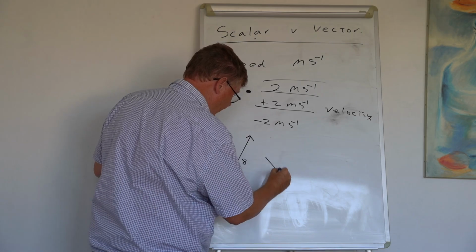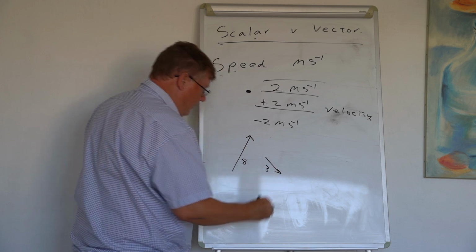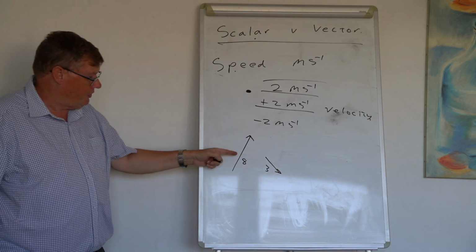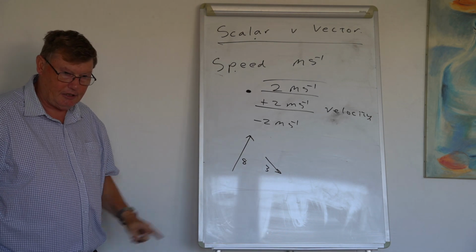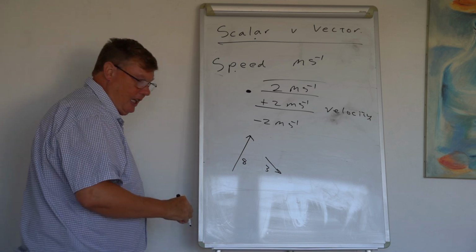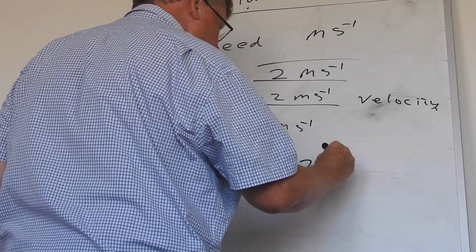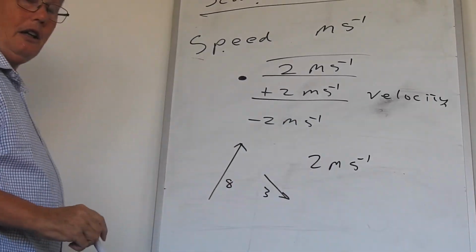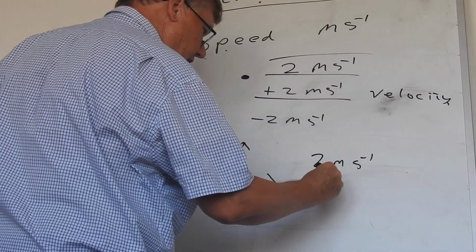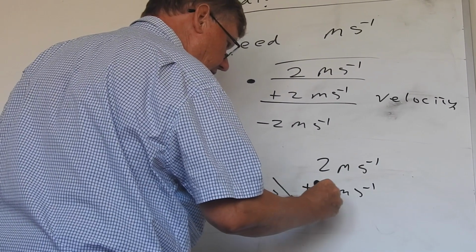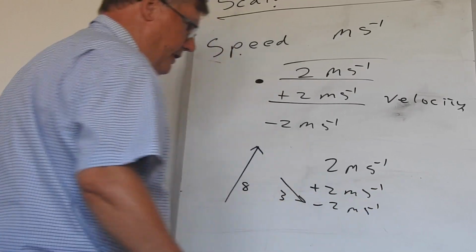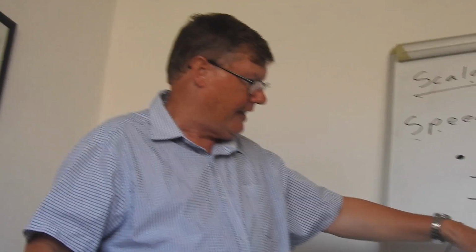And there's another velocity arrow. Maybe that's going at 3 meters per second in that direction. Velocity is a vector quantity. Now, in this particular case, you could tell them apart because speed would be written as 2 meters per second, and velocity would be written as +2 meters per second or -2 meters per second. But that's a bit dodgy looking at that difference there.